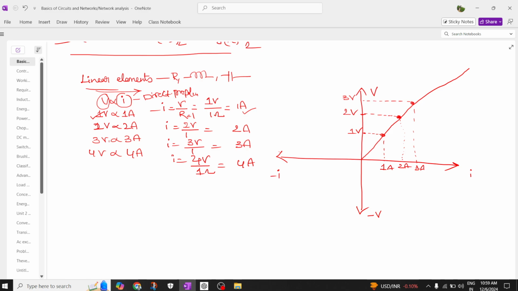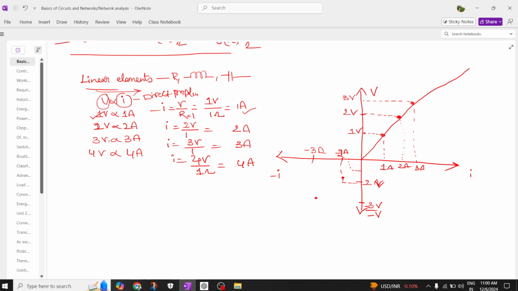Similarly, here I am going to apply a current of minus 1 ampere. The developed voltage is minus 1 volt. I mean, minus 2 volts I applied, the current developed is minus 2. Here I applied a voltage of minus 3 volts, the developed current is minus 3 amperes. I am going to get one more intercepting point.